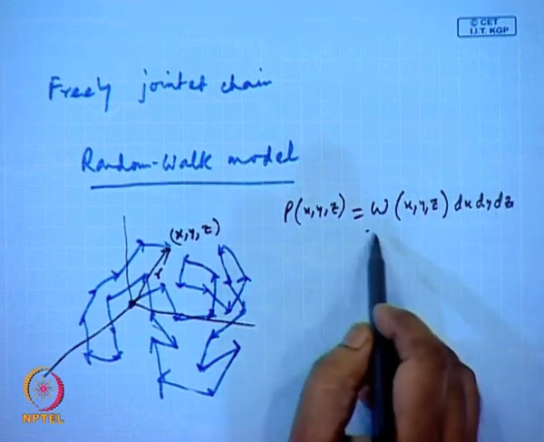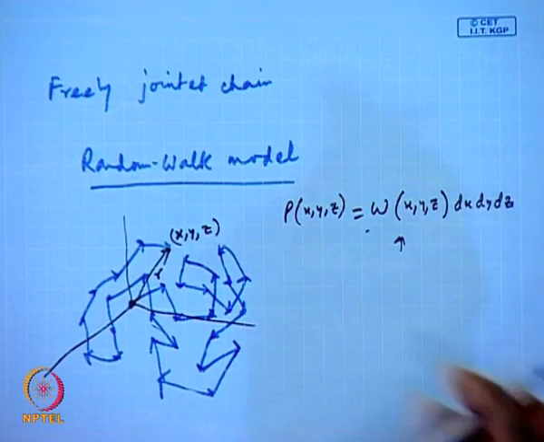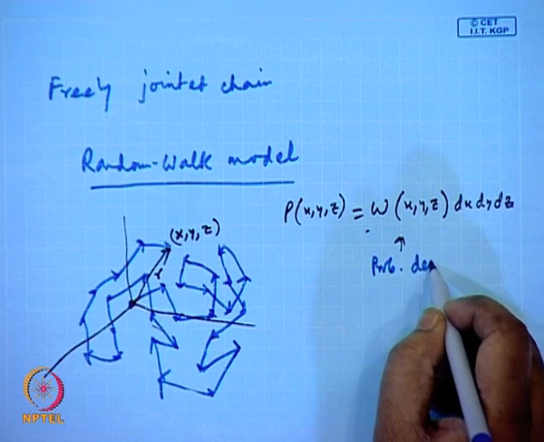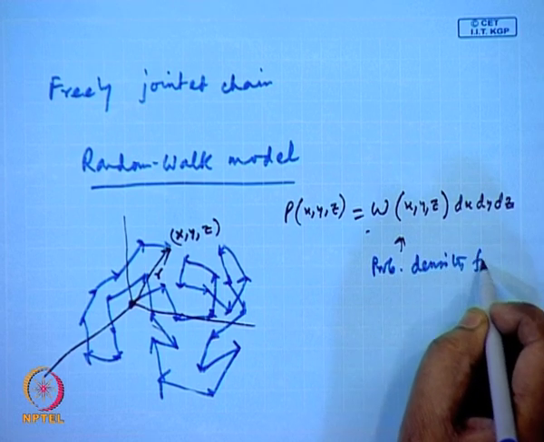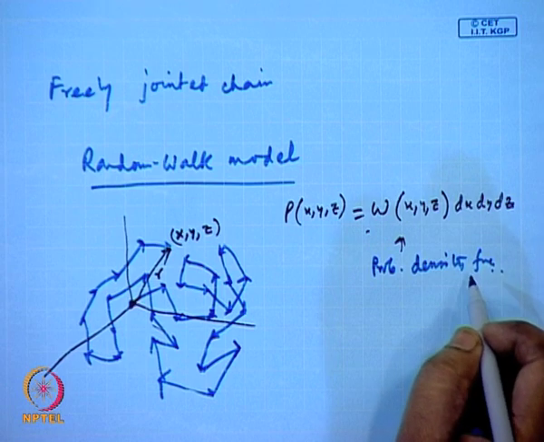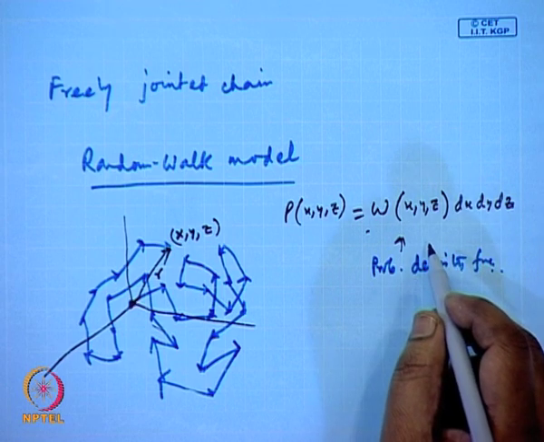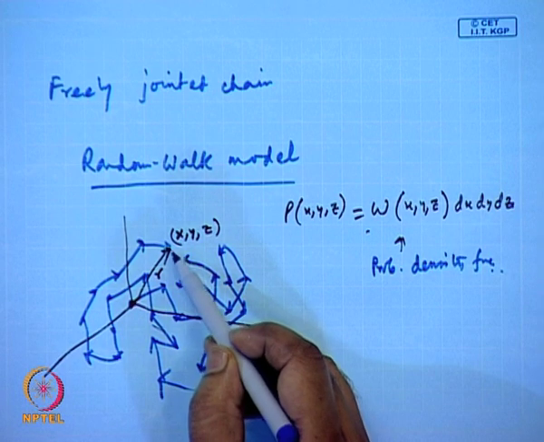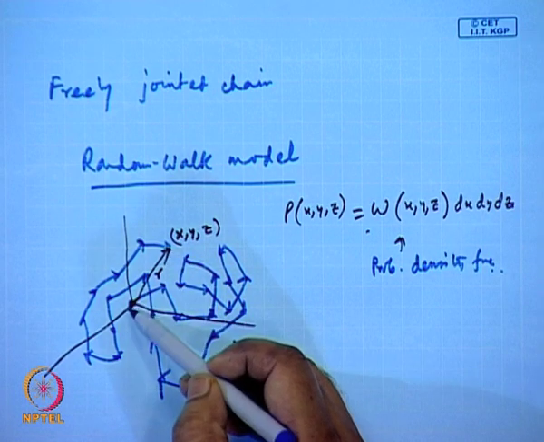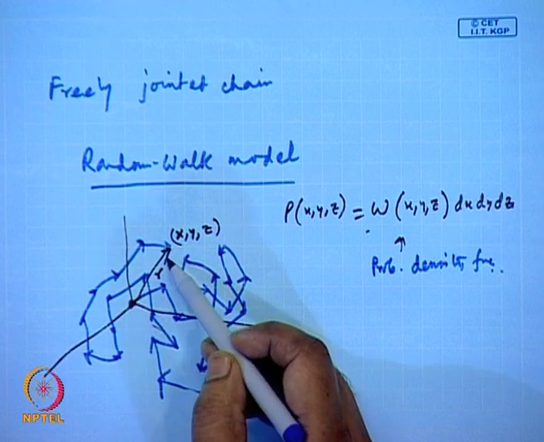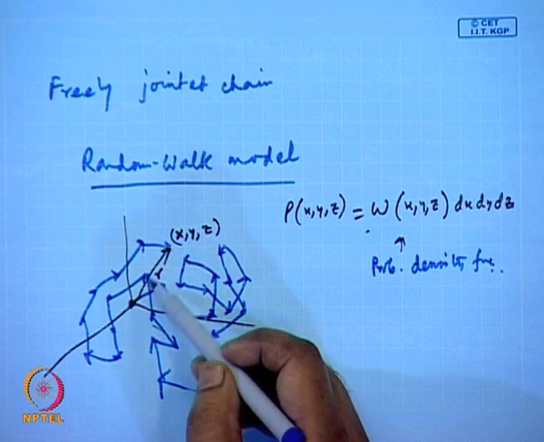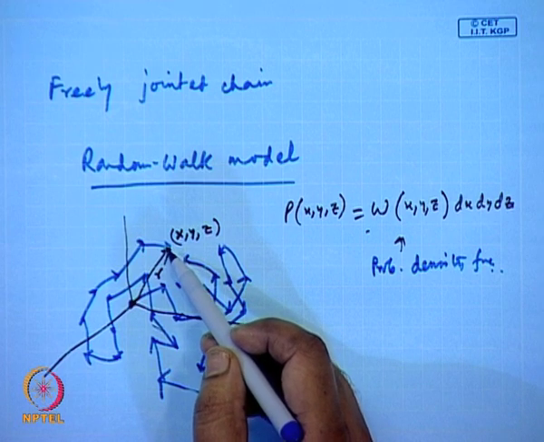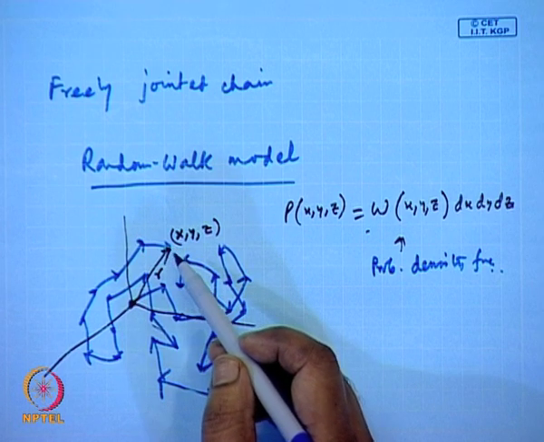where this is the probability distribution density function, which is the probability per unit volume. So, if you are considering a unit volume at a distance r, you are trying to find the probability of that volume having the other end.